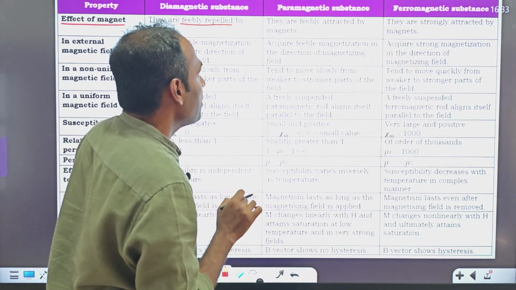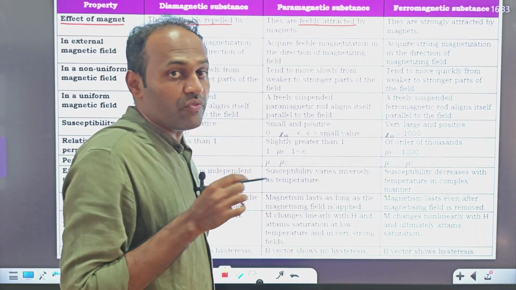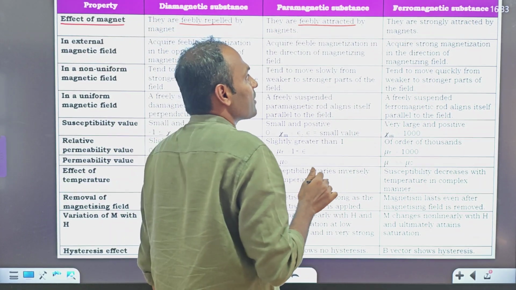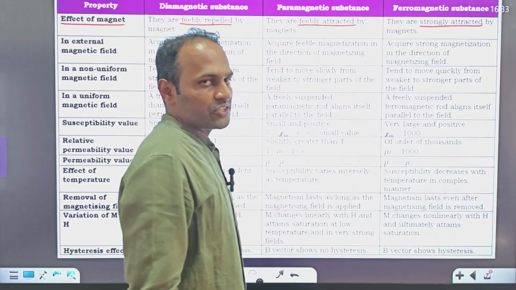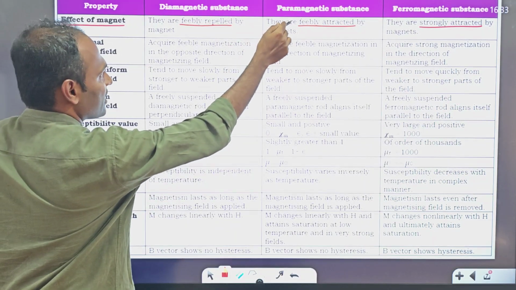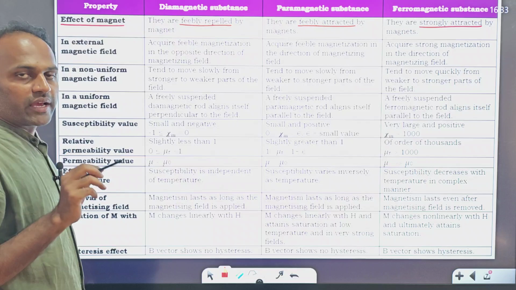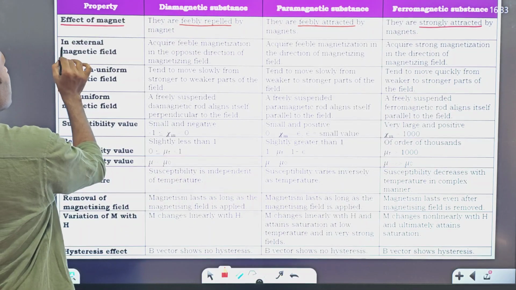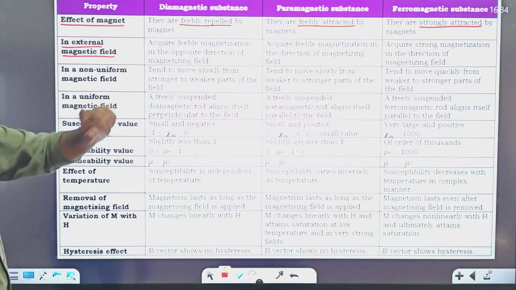Paramagnetic material will feebly get attracted, weakly. And ferromagnetic material will get attracted strongly. So ferromagnetic material gets strongly attracted, paramagnetic gets weakly attracted, and diamagnetic material gets weakly repelled when they are brought near the magnet.